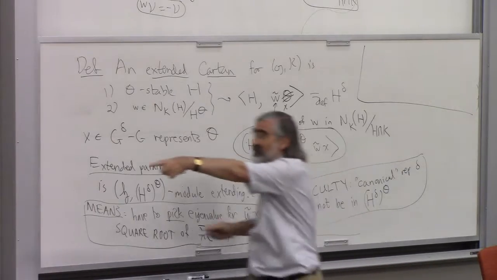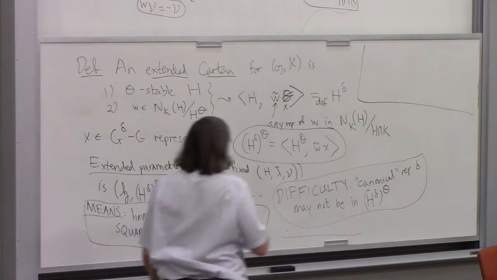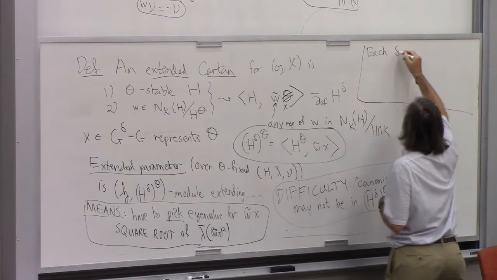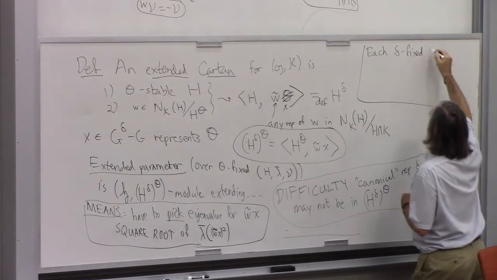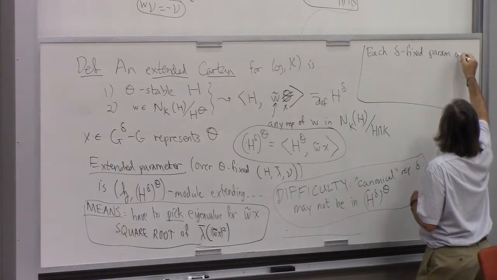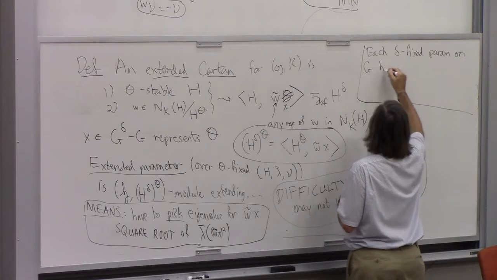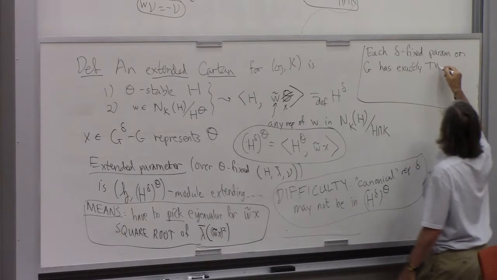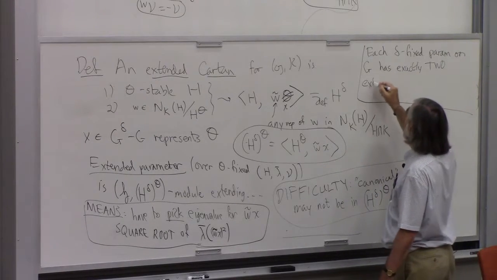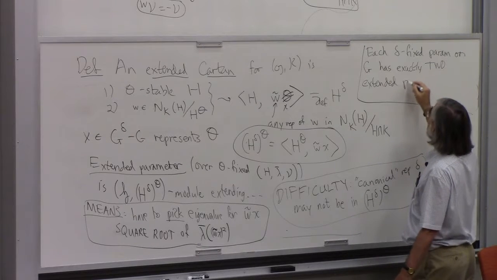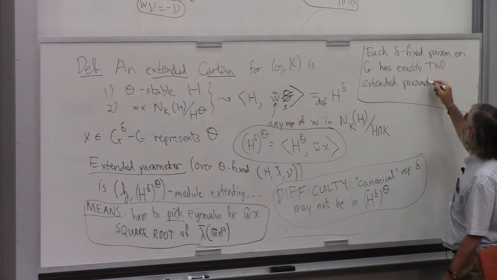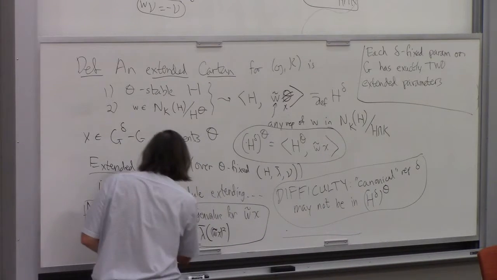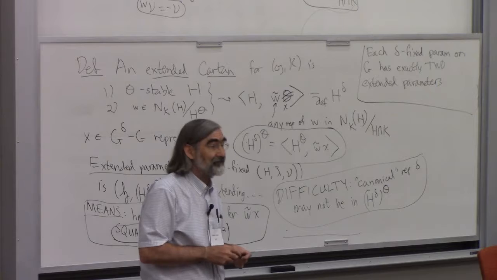That's what this general theorem says: each delta-fixed parameter on G has exactly two extended parameters sitting over it, and they differ by this choice of square root.